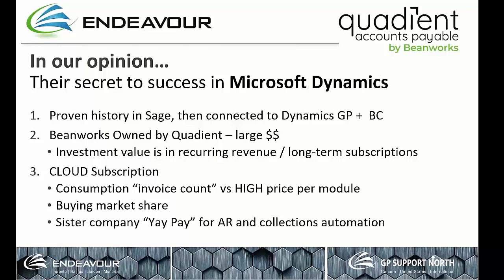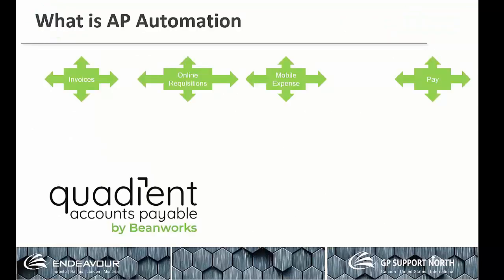There is a sister company called YayPay, and that has a lot of the payment automation and even goes into collections management, both for Dynamics GP and for Business Central. The integration with GP is a little bit tighter, but there's this very strong roadmap for Business Central as well. Invoice and AP automation falls into Business Central. For purchase orders created within Business Central, that's on a roadmap, and I think we're about half a year away from that.